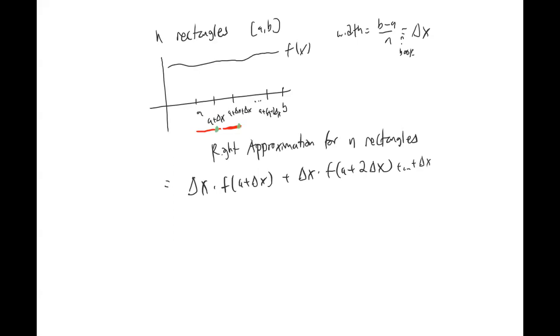All the way to f of a plus n minus 1 delta x. And then the last term is f of b, right? Does everyone see this? Yes, no.